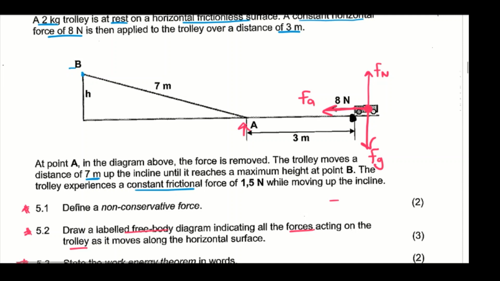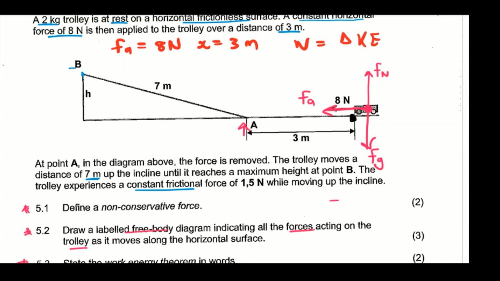The first thing that we're going to do here, we know that there's a force applied equal to 8 newtons, right? That is acting horizontally. And we know that there's a distance of 3 meters, right? That's what's important at this point, and that there's no friction. So we can simply use the equation of the work done, where work is equal to change in kinetic energy.